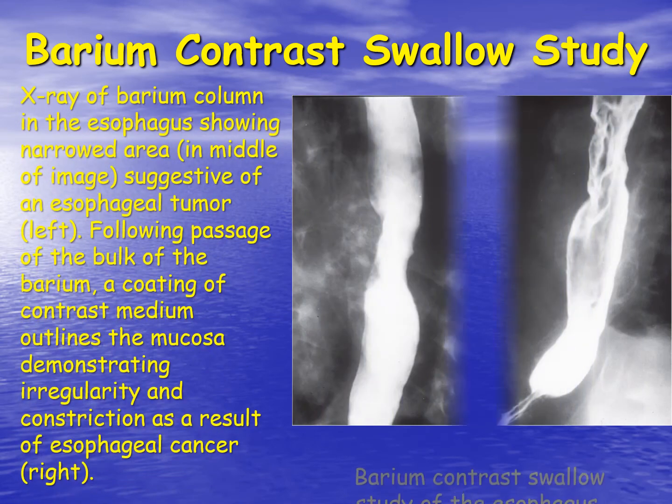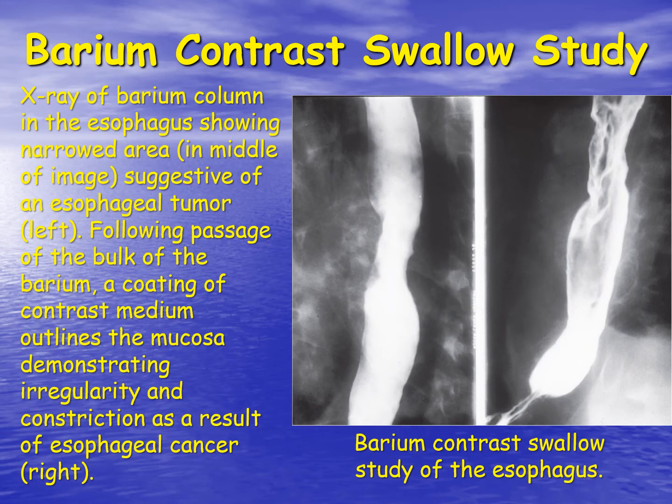This is actually showing a barium contrast study of the esophagus, as the barium slug is going down through the esophagus right here, and you'll notice that there seems to be a narrowing right here, and that's because there's actually a tumor. So this is the wall of the esophagus right here, and right here.